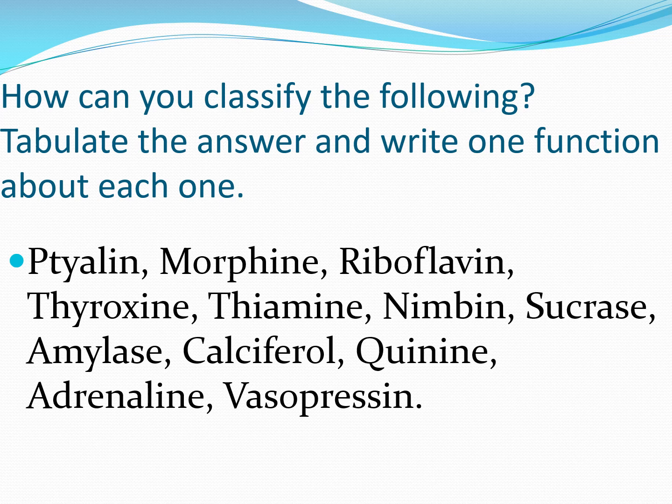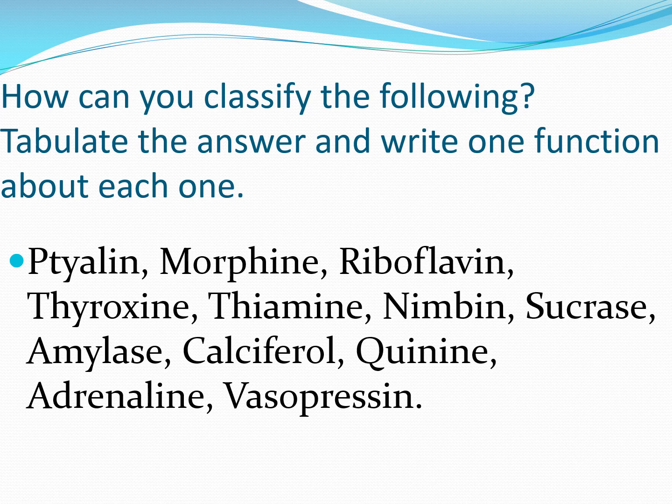So let us group them. So first enzymes. Then under enzymes here we come across thiolin, sucrase, amylase. So thiolin, sucrase, amylase are enzymes. Next, thyroxine, adrenaline, vasopressin, these three are hormones.